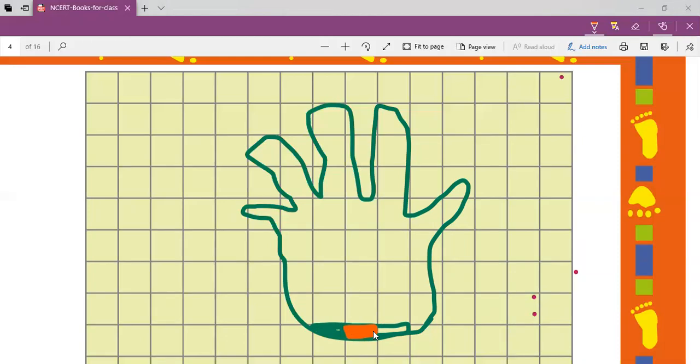Don't consider it as a full square, because it has gone into the other square. This part also is a little bit. So you can count only this square instead of counting the other one. Here also you don't need to count the other one, because it covers only a little bit of that square.